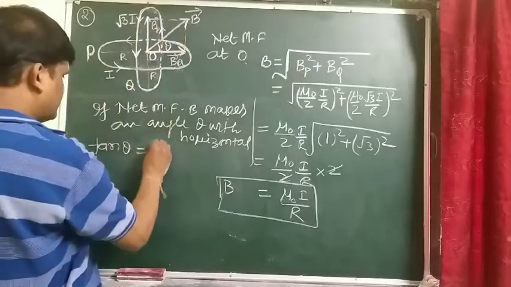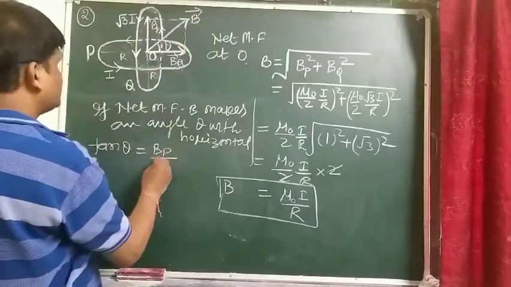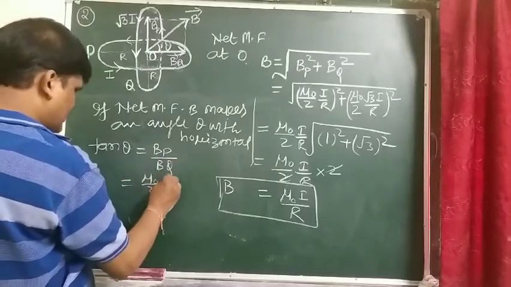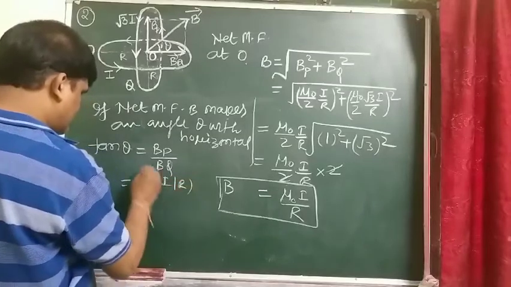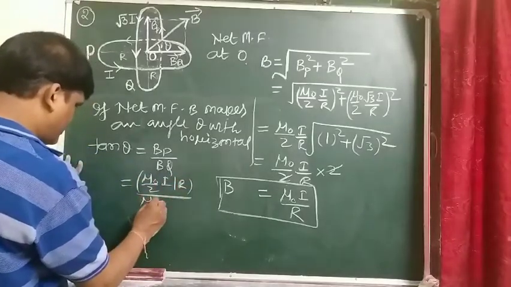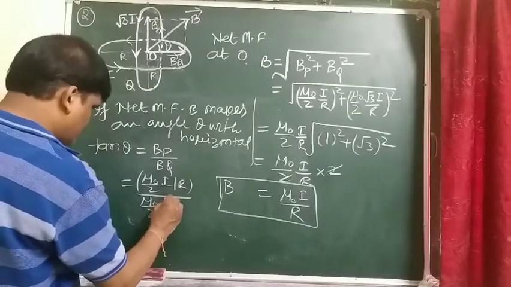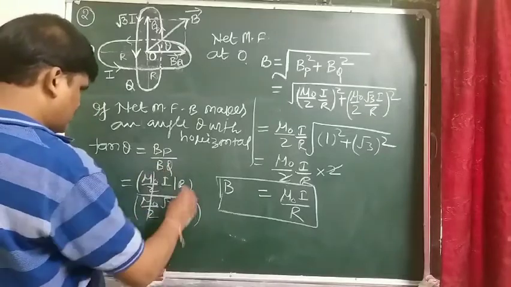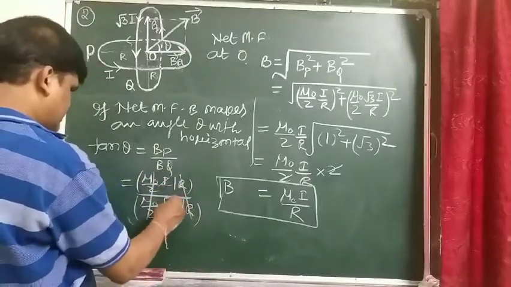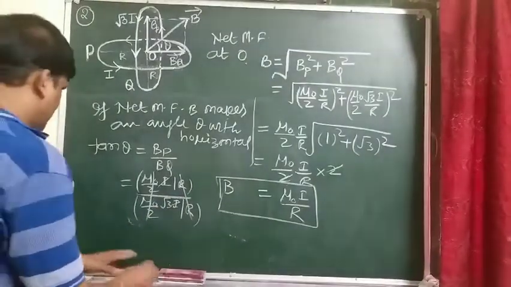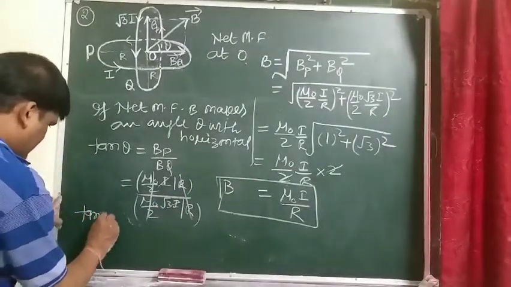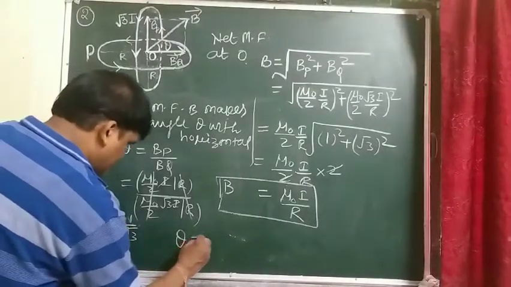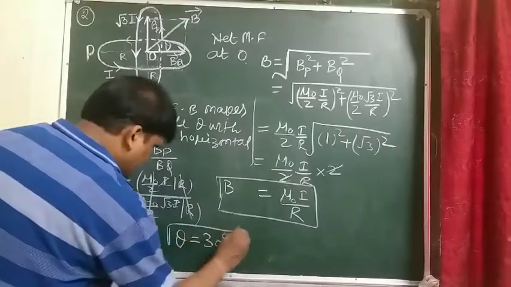The perpendicular is BP and the base is BQ. BP is mu naught by 2 I by R, and BQ is mu naught by 2 root 3 I by R. R cancels out, I cancels out, so tan theta comes out to be 1 by root 3, and theta is 30 degrees.